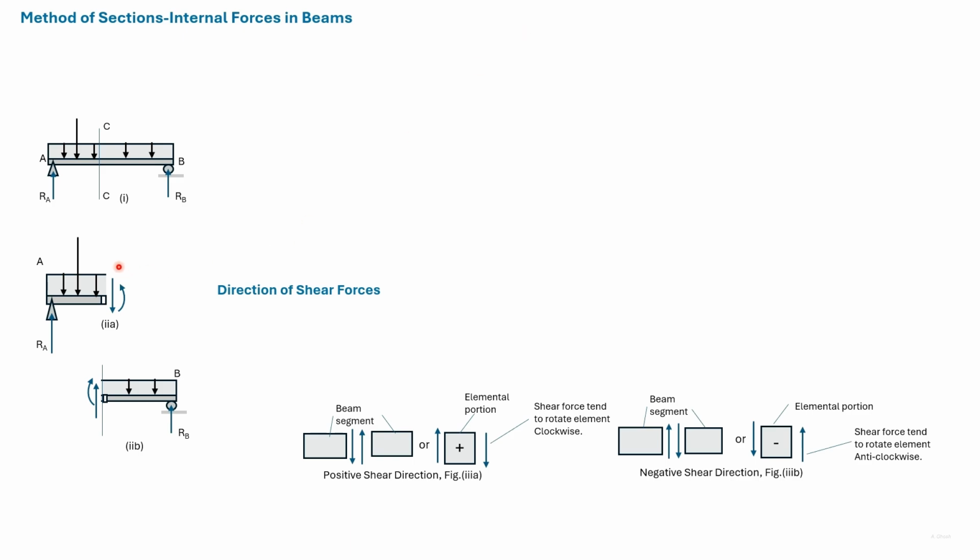Also, the downward force in the left portion is due to the right portion, and this moment, that is anti-clockwise, is also due to the right portion. Similarly, the internal forces in the right portion are due to the left portion of the beam.